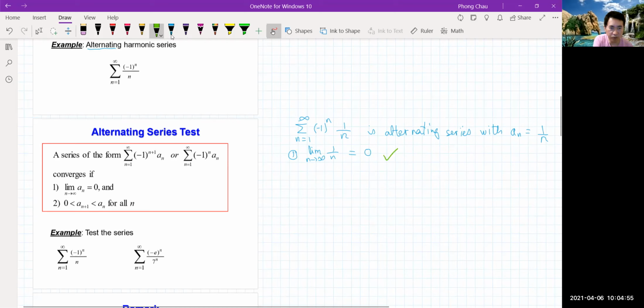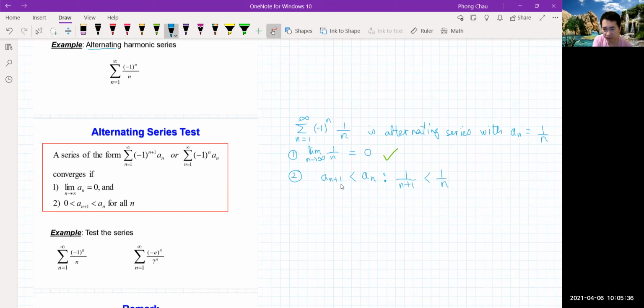Then you check condition 2. You are trying to make sure that a sub n plus 1 is less than a sub n. Is it true? What is a sub n? A sub n is 1 over n. What is a sub n plus 1? Replace n with n plus 1, so that is 1 over n plus 1. I'm checking that a sub n plus 1 is less than a sub n.